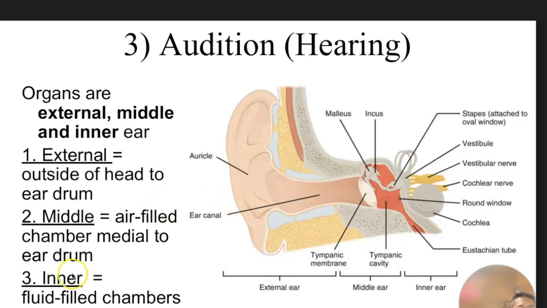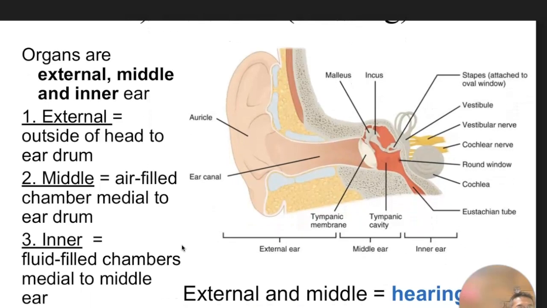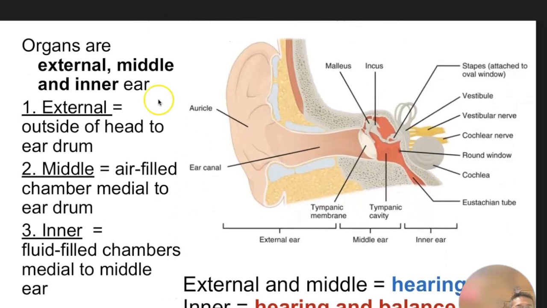Now we're going to go to hearing. Let's do the anatomy of the ear first. The ear is divided into external, middle, and inner ear. The external ear is the outside, up to the eardrum. The ear is called the auricle, and it directs sound into the ear canal.